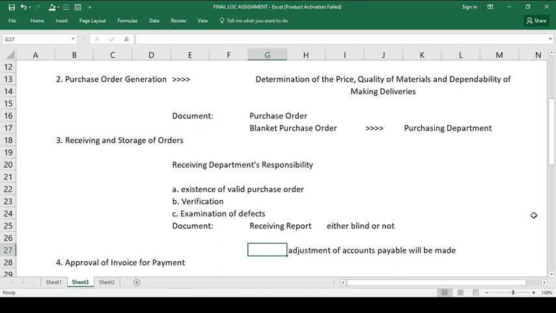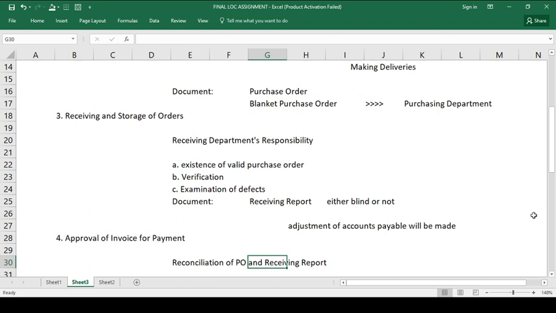So, after receiving, a receiving report is made and forwarded to the accounts payable department, and then you as the receiving department will forward the inventories received to a particular department wherein storage is being made.